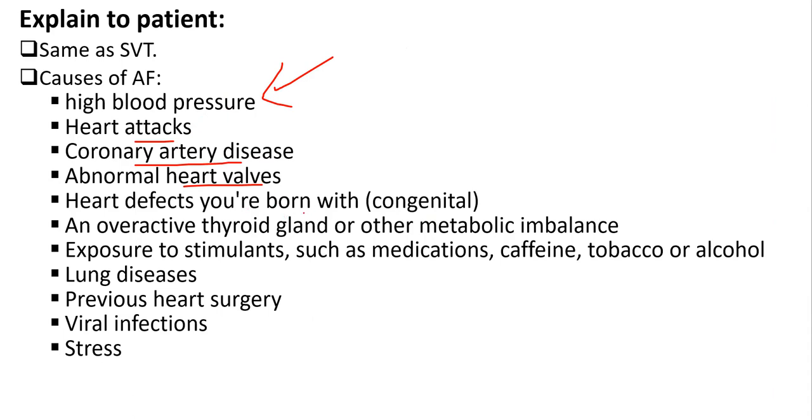It could be heart defects that we are born with, an overactive thyroid gland, which is a butterfly-shaped gland in our neck. It could be due to some medication, excess coffee, alcohol, or smoking. Sometimes it could even be due to lung disease, previous heart surgery, even viral infection or stress. Okay, so these are all the causes of AF.